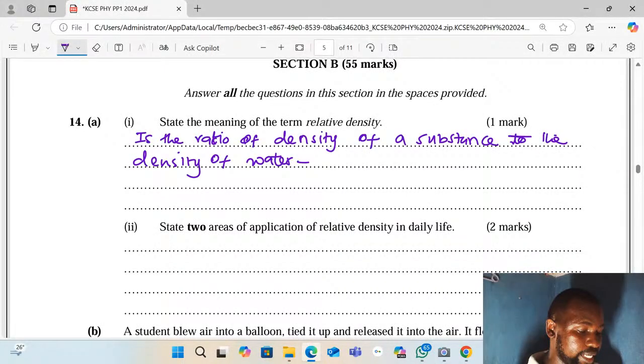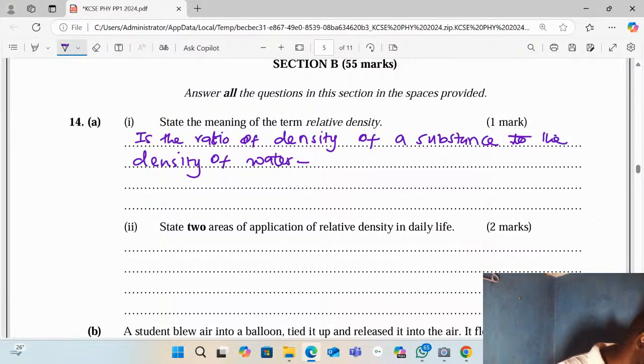State areas of application of relative density in our day-to-day life. We have several of them. It is used to determine the density of unknown substances.